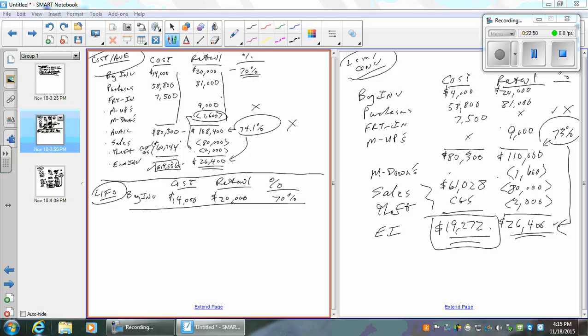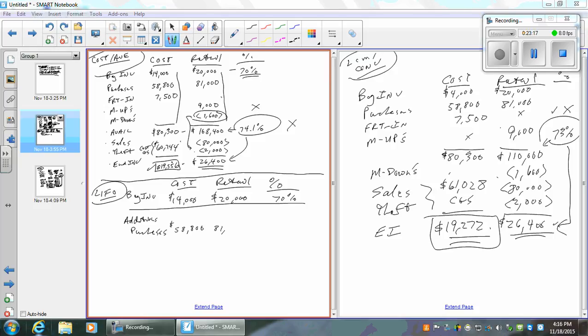All right, then what are we going to have? All the additions. So we're going to have a new layer, okay? What's it going to be? Net purchases. How much is that? 58,800 at cost. How much was it at retail?